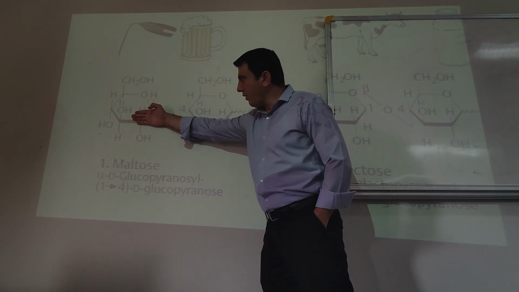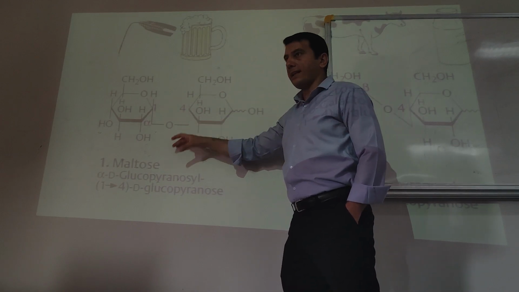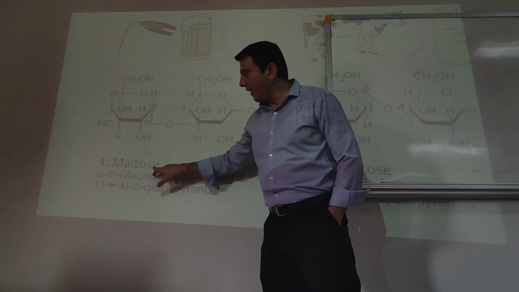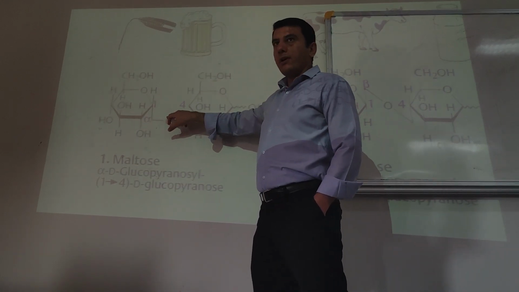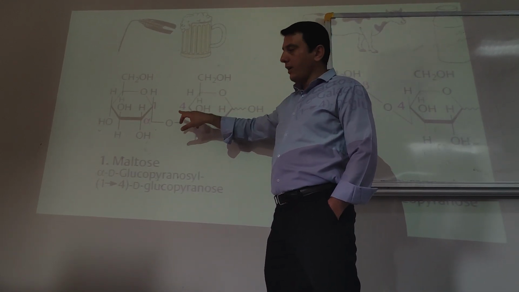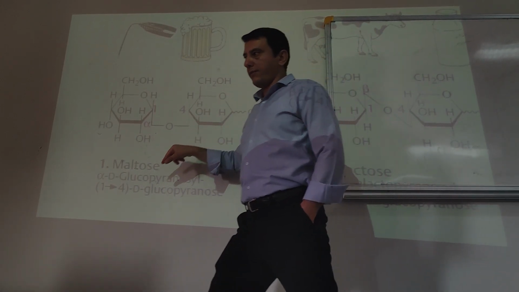For example, two glucose in maltose: two glucose attach to each other and produce maltose. Carbon number 1 attached to carbon number 4 in an alpha form. Alpha 1 to 4.